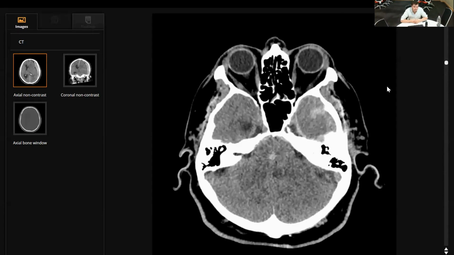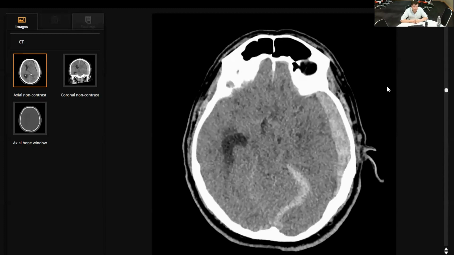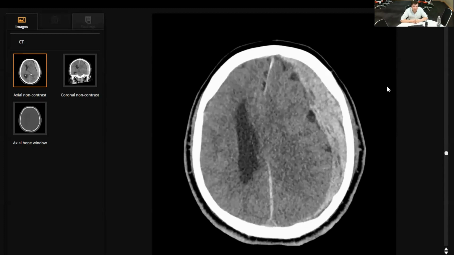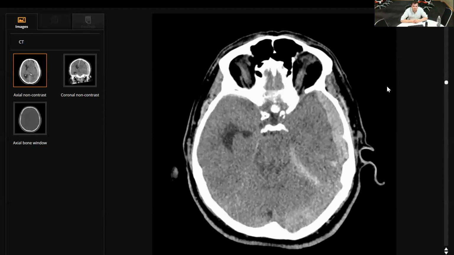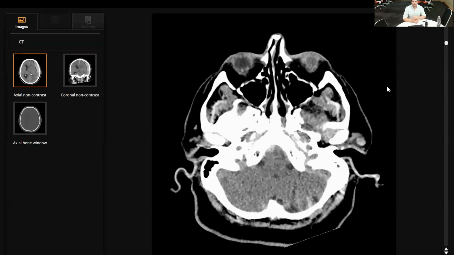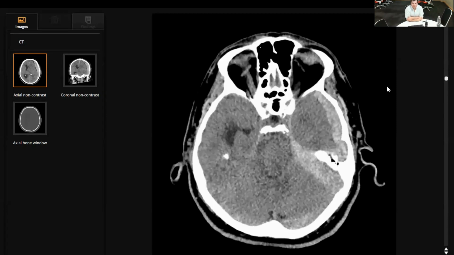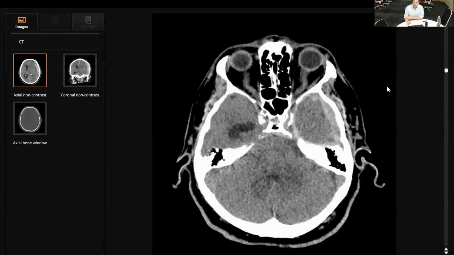So at this axial slice, I can also see there is some blood product in the left tentorium cerebelli, and the extension of the extra-axial collection extending down to the left temporal fossa.